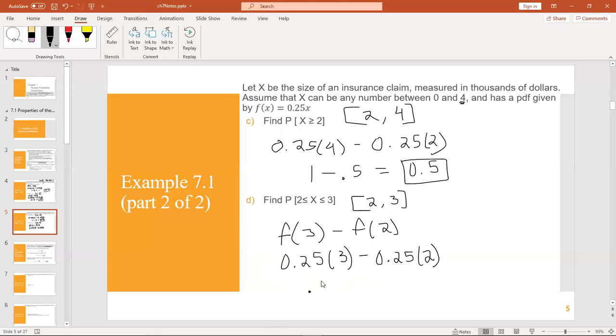That's going to be 0.75. That's going to be 0.5. And if you subtract, that is going to give you 0.25. So there's a 25% chance that will happen.